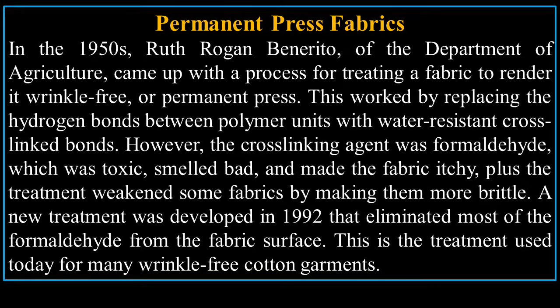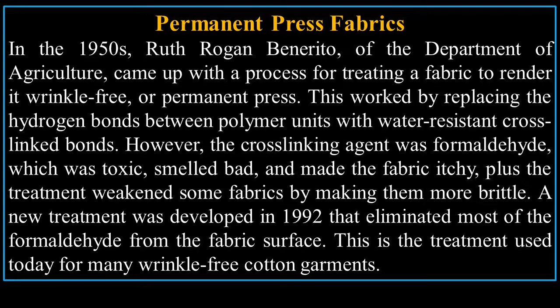Permanent press fabrics. In the 1950s, Ruth Rogan Benarito of the Department of Agriculture came up with a process for treating a fabric to render it wrinkle-free or permanent press. This worked by replacing the hydrogen bonds between the polymer units with water-resistant cross-link bonds.